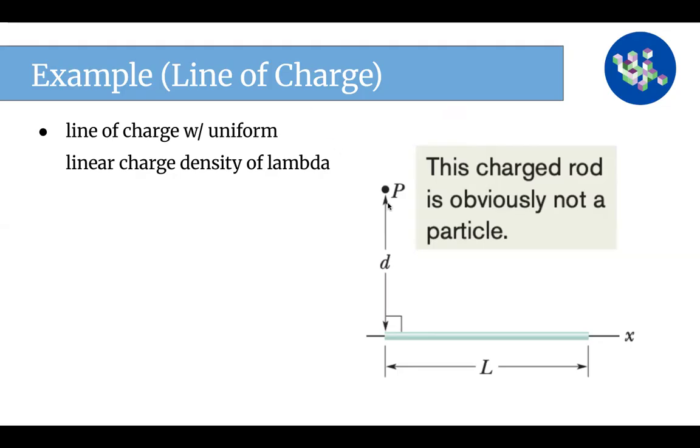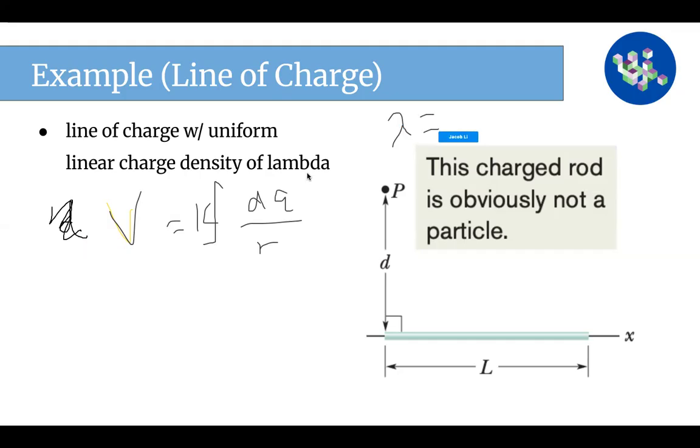Basically, voltage is equal to the integral of k dq over r, and then I found the linear charge density, since it's uniform. I put that as the total charge divided by the total length, and dq is equal to lambda dx.